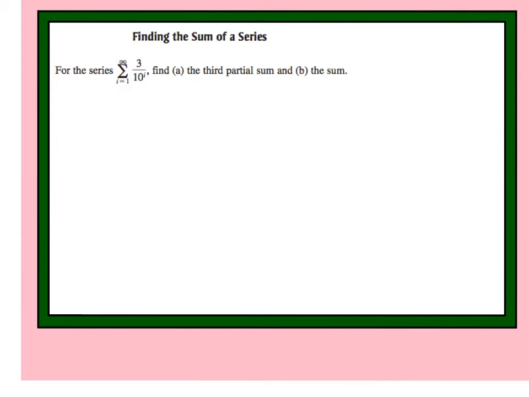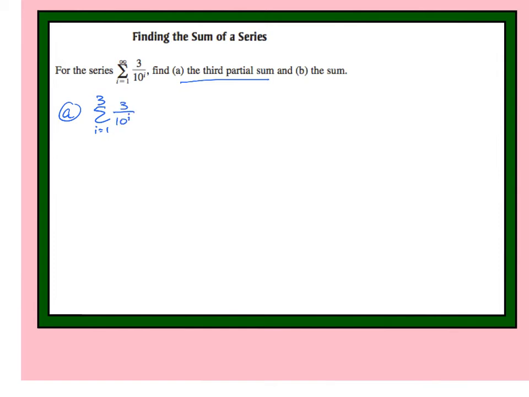The first thing we're going to do is find the third partial sum. Do I actually want to go to infinity for a third partial sum? No. Where do I stop? At 3. So I'm actually going to do the summation from 1 to 3 of 3 over 10 to the i.